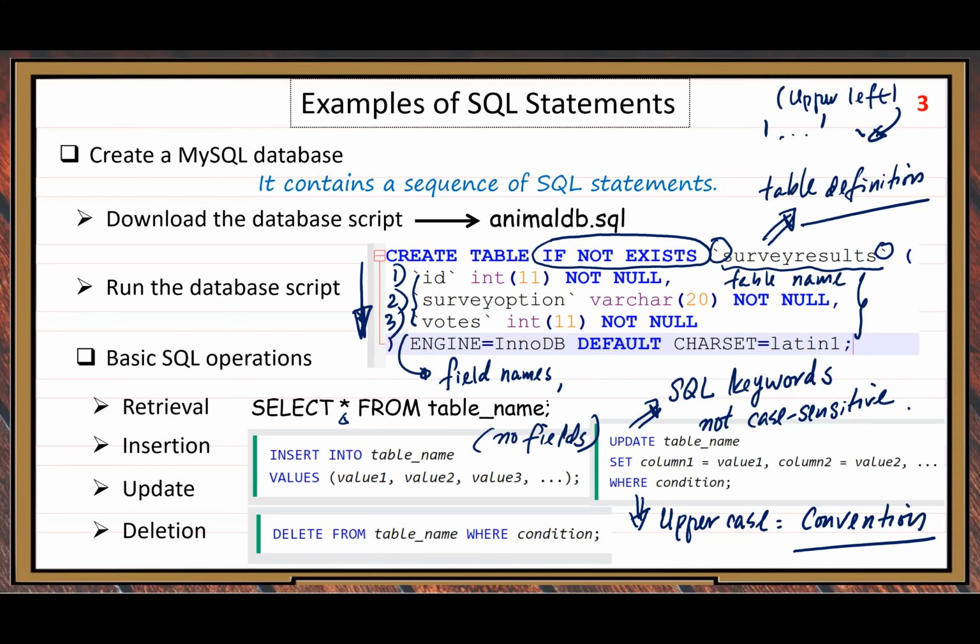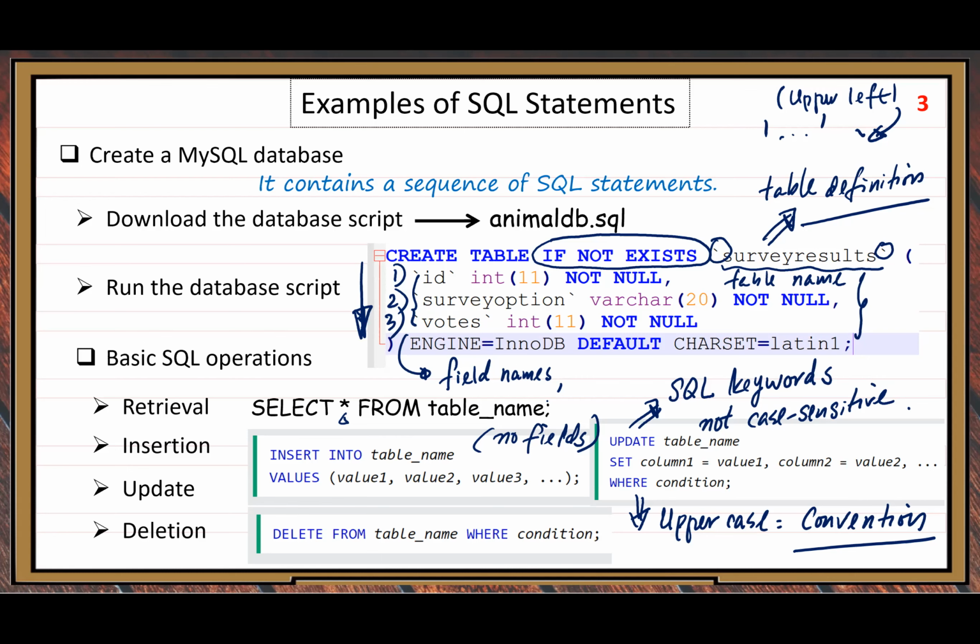Now, here is the question. When you choose table names or field names, you base them on your business, right? Typically you reflect your business aspects.